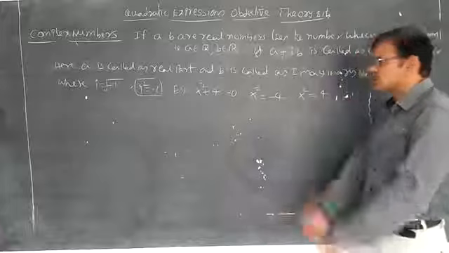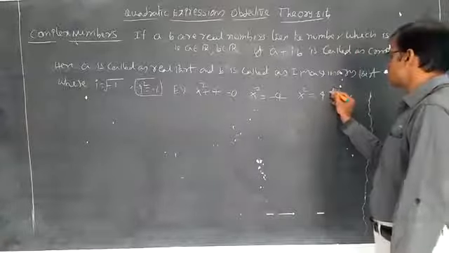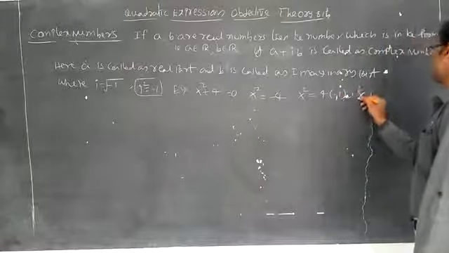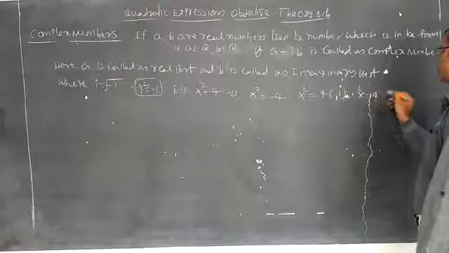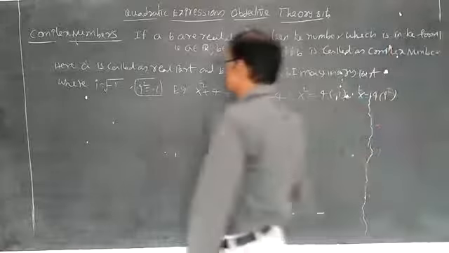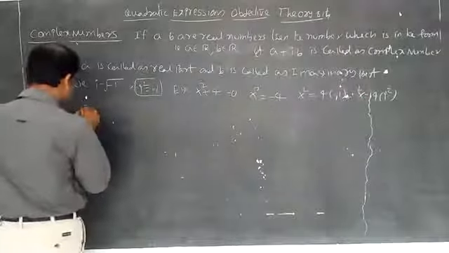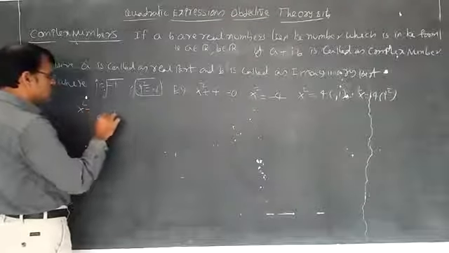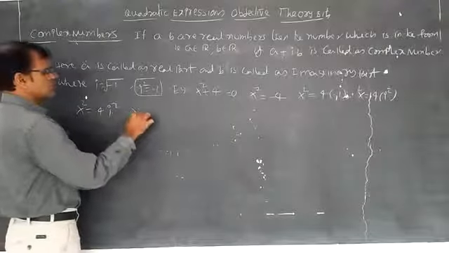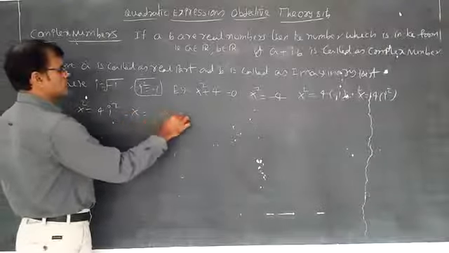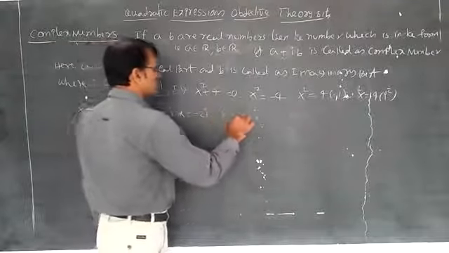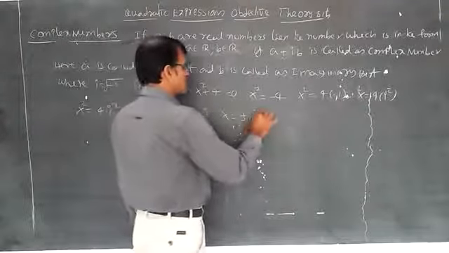So 4 into minus 1, and x square is equal to 4 into i square. i means it is nothing but imagination. So x square is equal to 4i square, and x is equal to 2i or x is equal to minus 2i. So x is equal to plus or minus 2i.